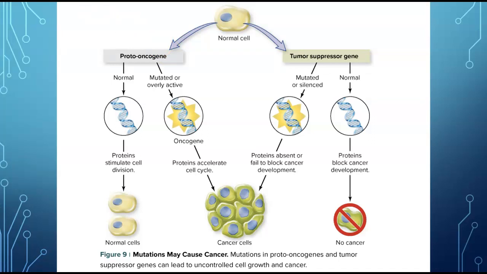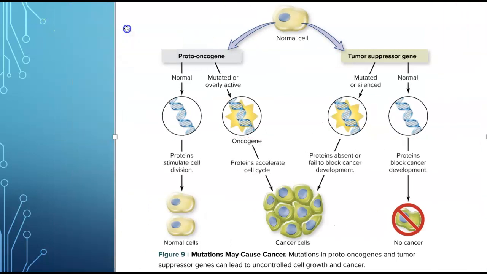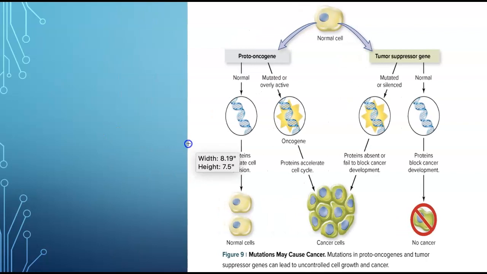proto-oncogene that is supposed to control the cell cycle. Let me move this over. I'm going to squeeze this a little bit. Sorry. Okay.